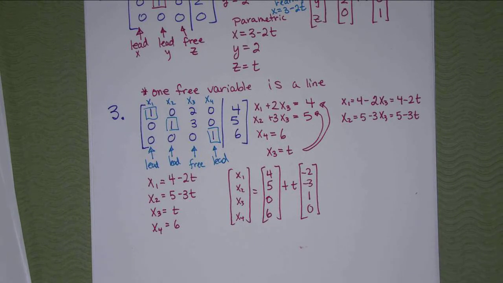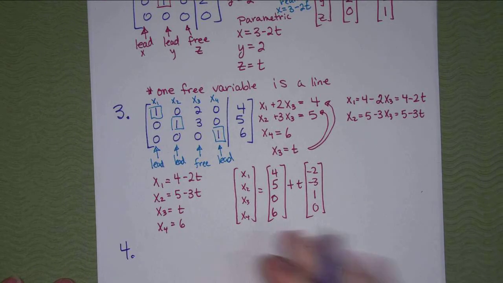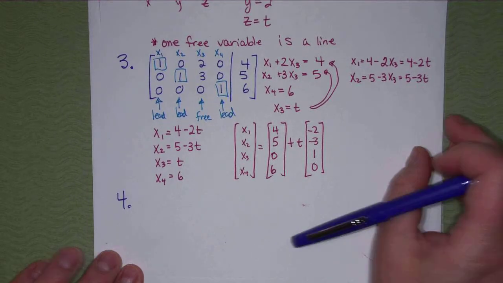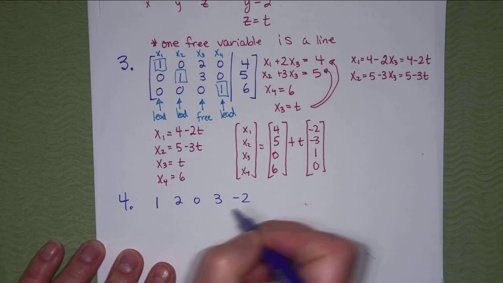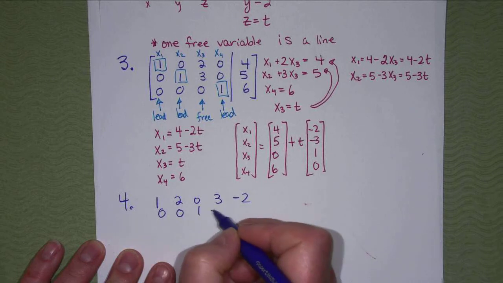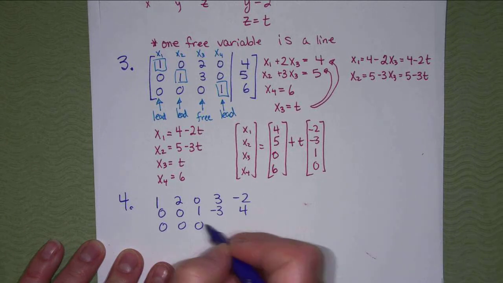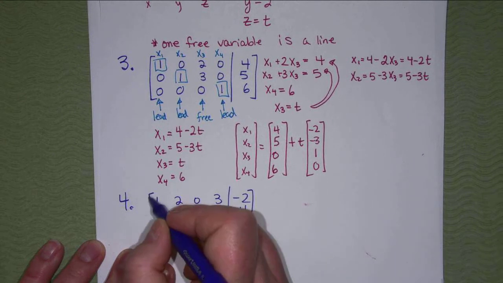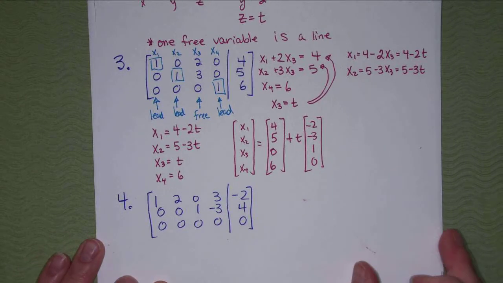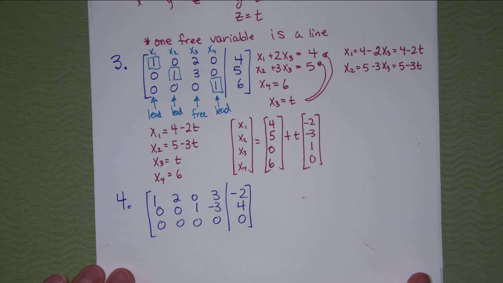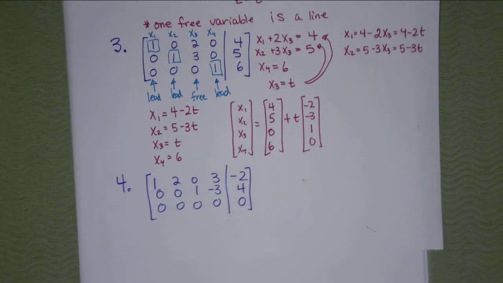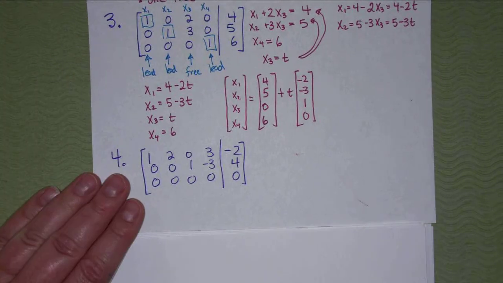So let's write one with 2 free variables just so you can see what it looks like. Okay, so number 4, how many variables are there?